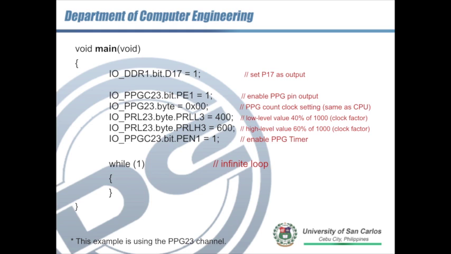We have to enable that by setting bit PE1 to 1 to enable the PPG pin output. Also we are going to use PPG23 for the clock selection, so we select the count clock setting, same as CPU.